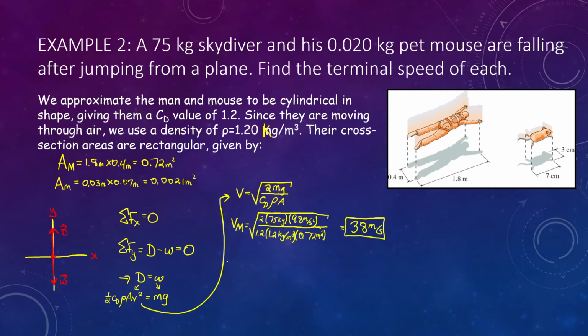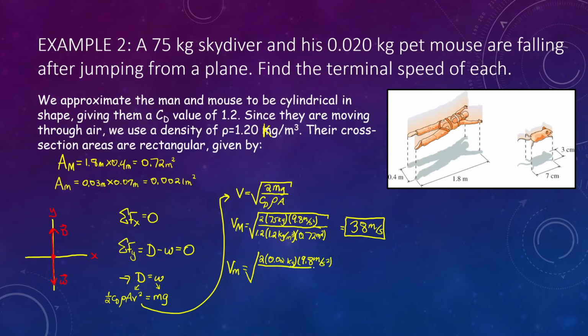Now we just do it again for the mouse. In this case, the only thing that's changing is the weight and the area. All the other numbers stay the same. So we're left with 2 times the mass, which is 0.02 kilograms, times the acceleration due to gravity, which is 9.8 meters per second squared, last I checked.